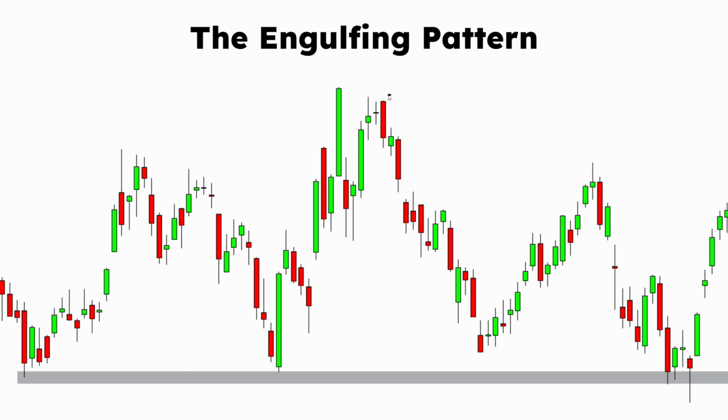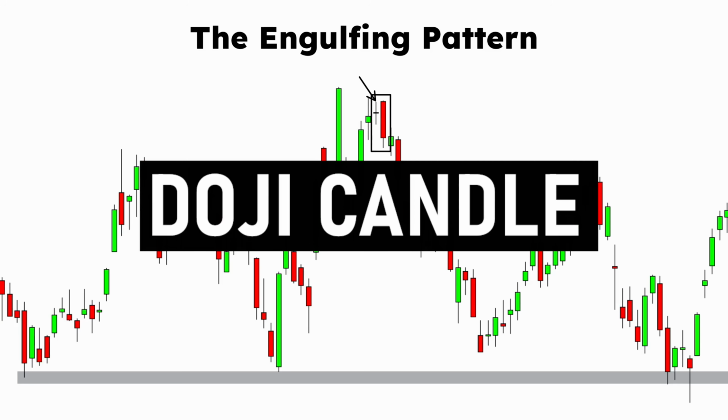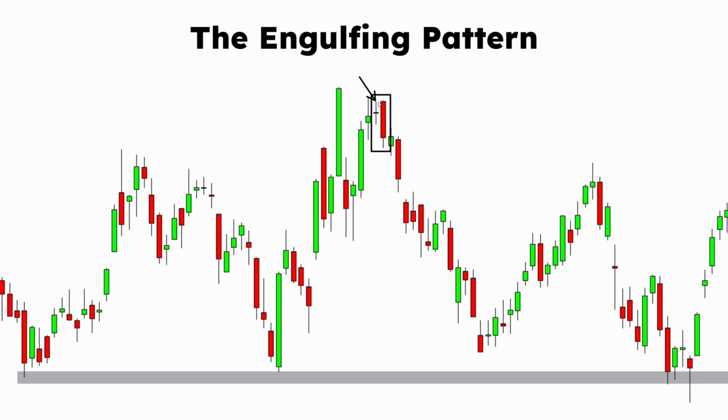But as you can see right here, we actually have a bearish engulfing pattern. And the reason this one is hard to spot is because the first candle is actually something we call a doji candle. And we will talk more about doji candles soon. But we had a doji candle, and the next red candle here clearly opened above the real body of the doji and clearly closed below.